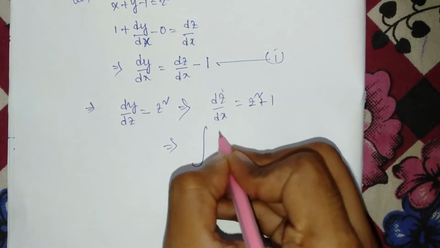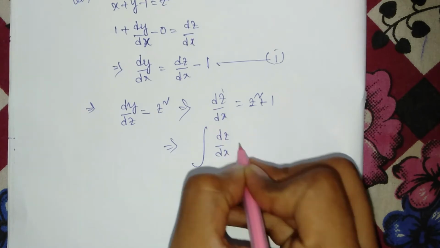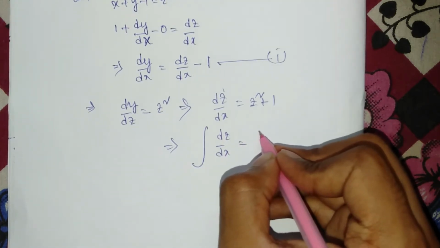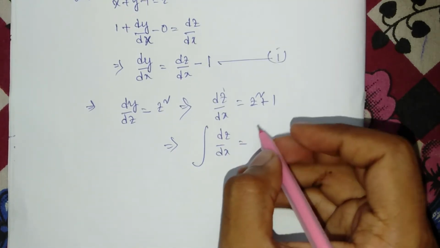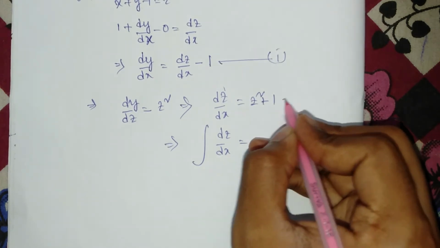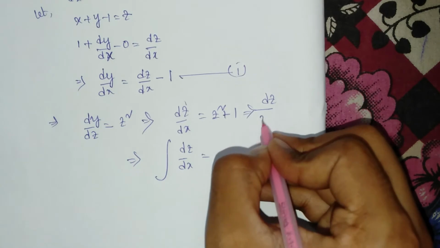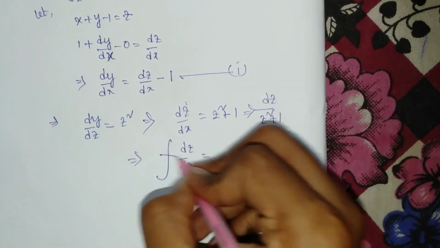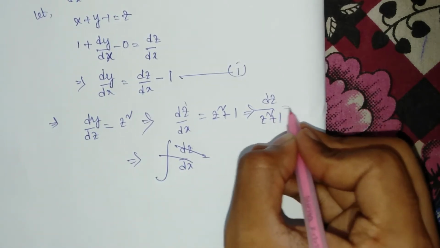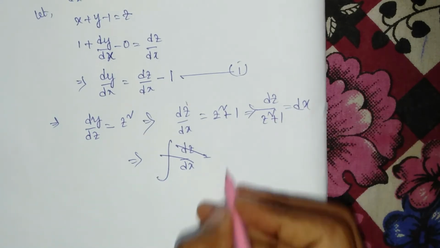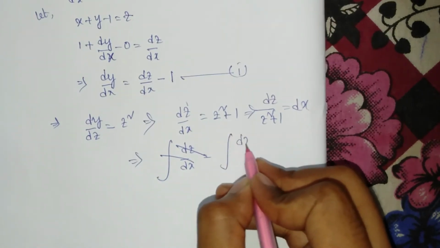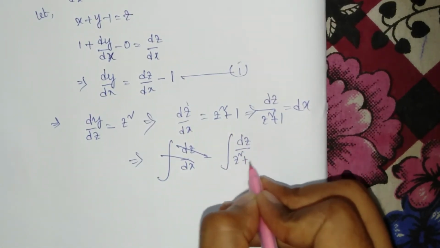Taking integration on both sides, first you have to rearrange the equation: dz divided by z square plus 1 is equal to dx. Then take the integration on both sides, integration of dz divided by z square plus 1 is the integration of dx.